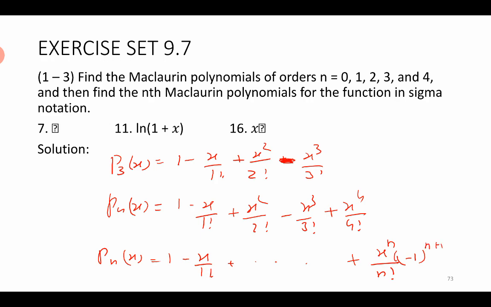Negative 1 to the power n plus 1. So how to write using sigma notation: summation k from 1 to n, minus 1 to the power k plus 1, x power n divided by n factorial. This way we should proceed.